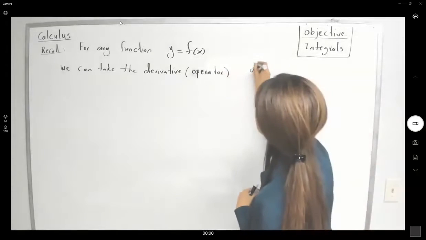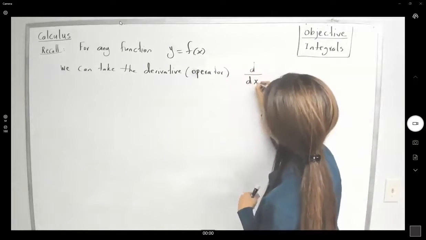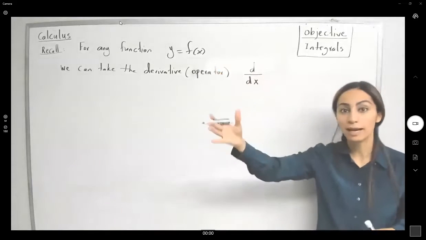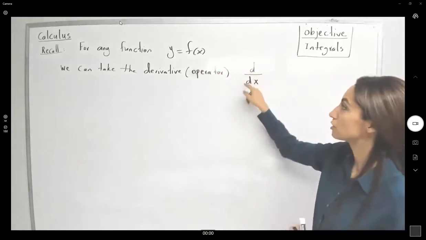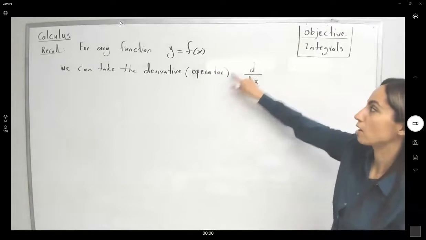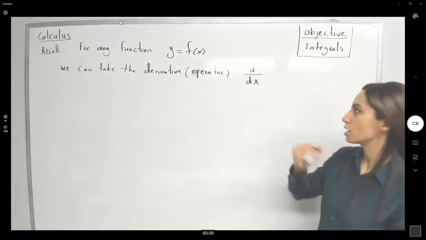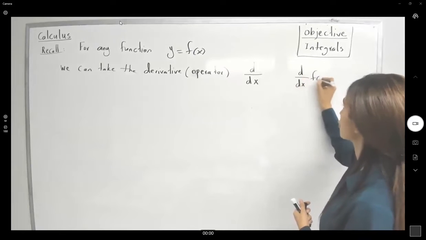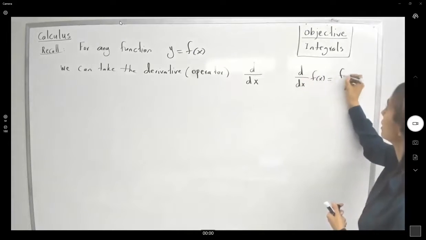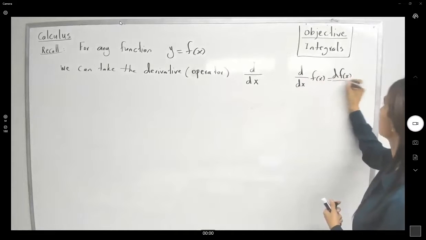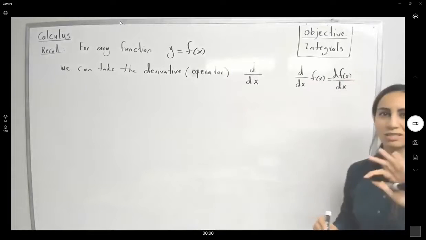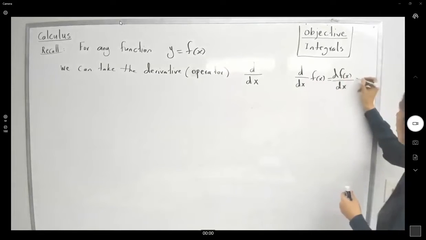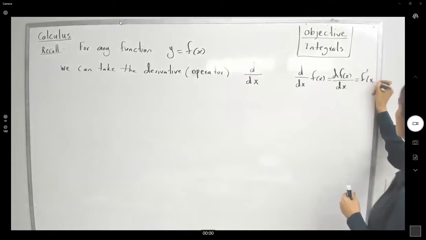It is d over dx. If the function has free variable x, then we're going to take the derivative with respect to x, and this guy is called an operator. So this operator on function f of x is denoted by df over dx, or simply f prime of x.